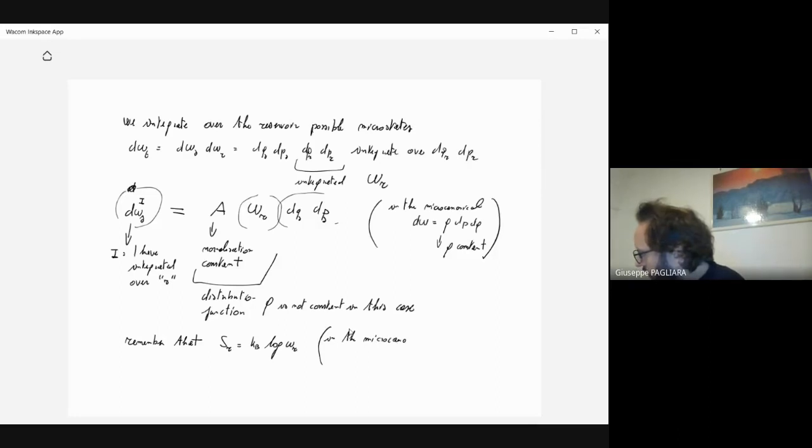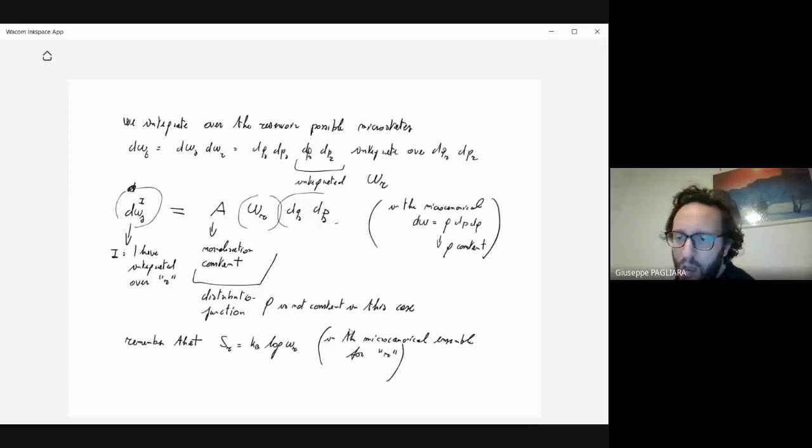Microcanonical ensemble picture for system R. Okay, because basically the reservoir and the total system are basically the same system.